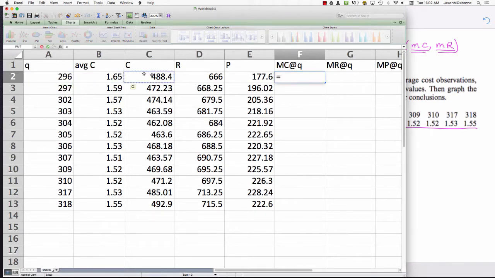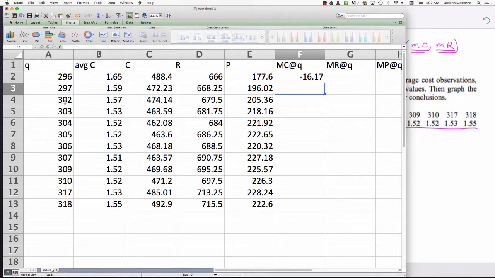It's equal to the cost at 297 minus the cost at 296. So the cost for 297 minus the cost for 296 of them. Looks like the costs have gone down by $16.17, which is good.